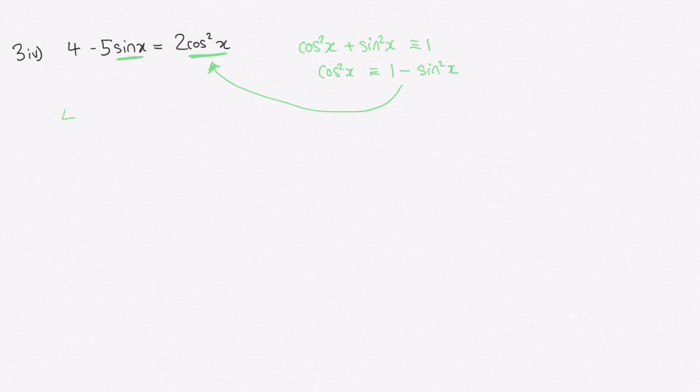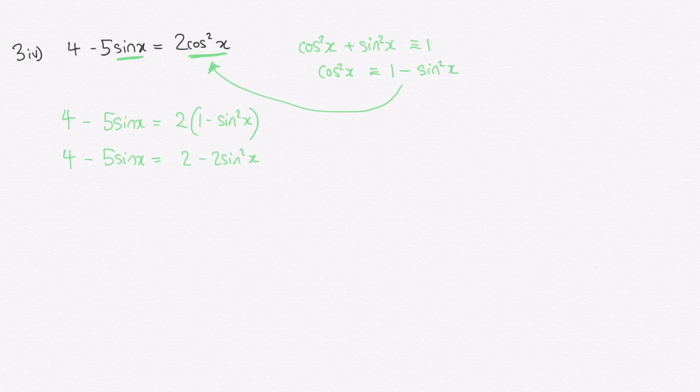We should get 4 subtract 5 sine x equals 2 lots of 1 minus sine squared x. Expanding that out, we get 4 minus 5 sine x equals 2 minus 2 sine squared x. And then I'm going to collect all my terms on the left-hand side.